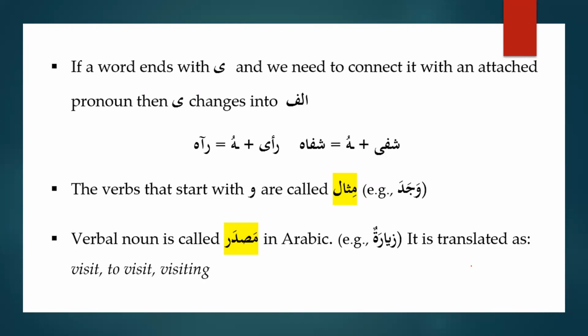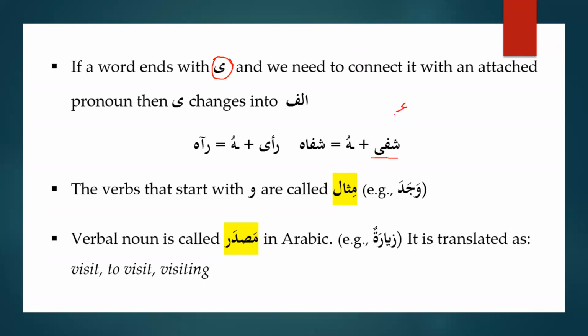First, we have seen the rules of connecting a word to the other word. And here is another rule. If a word ends with alif maqsura, and after that you have an attached pronoun, then alif maqsura changes into a regular alif. For example, shafa ends with alif maqsura.